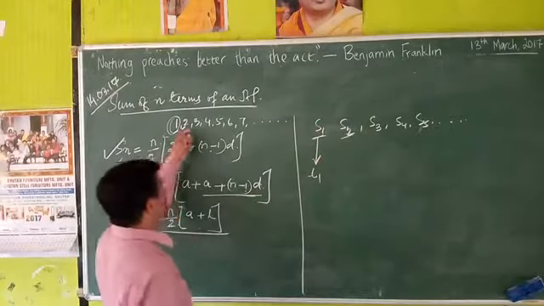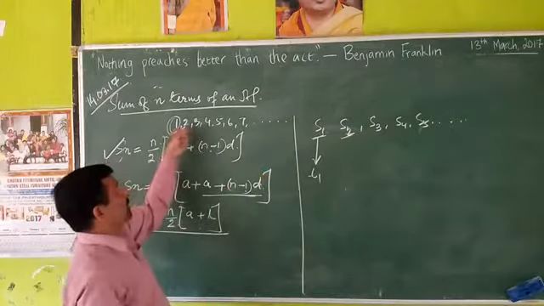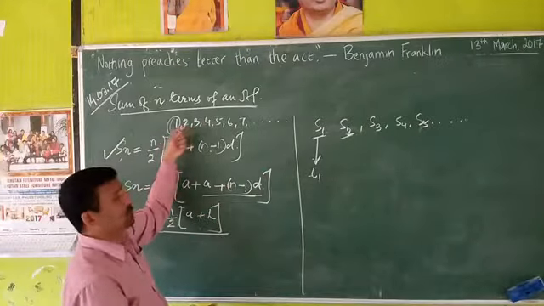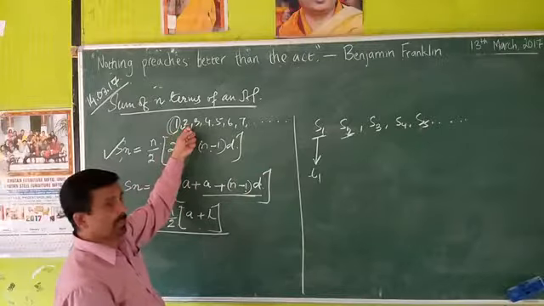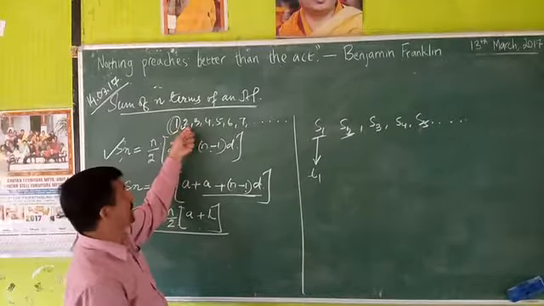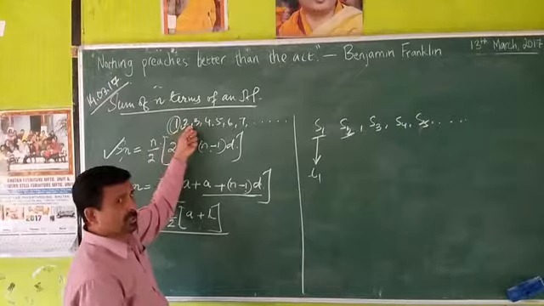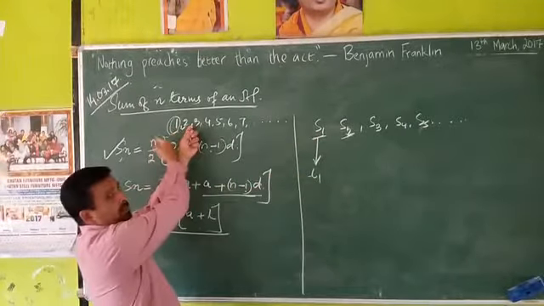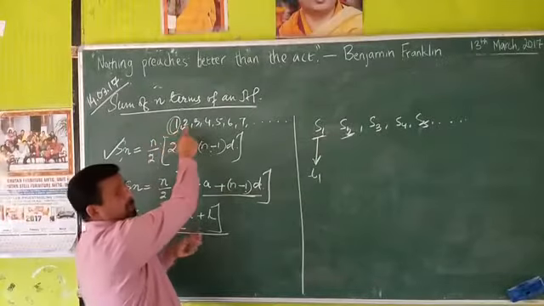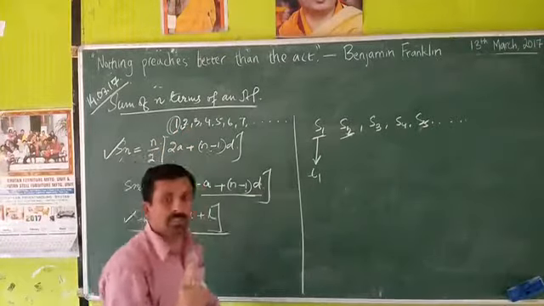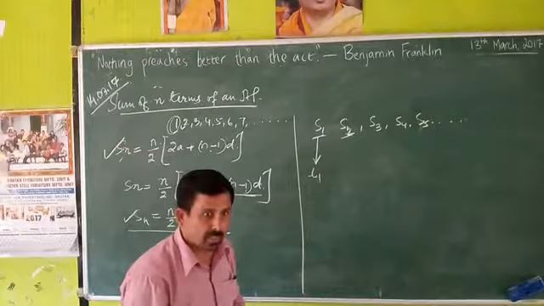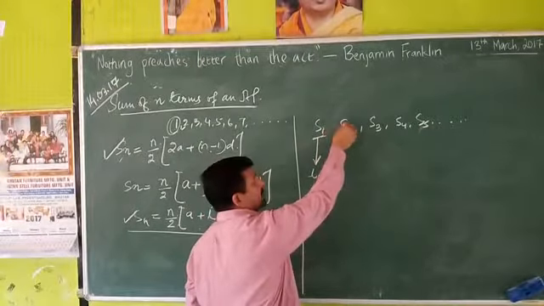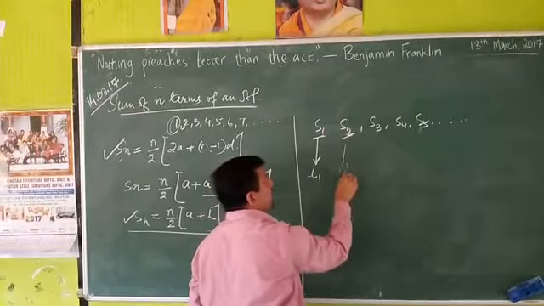S2 talks about the sum of the first two terms, and these are the two terms, right? Yes, sir. From the sum of these two terms, if you subtract S1, that means you are subtracting 1. So when you subtract 1, what do you get? 2. And 2 is the second term. So by finding the difference of these two, you are getting the second term.